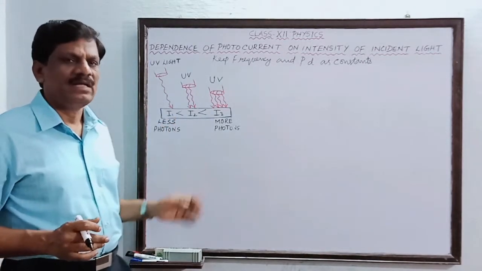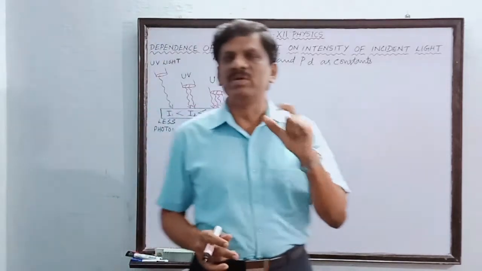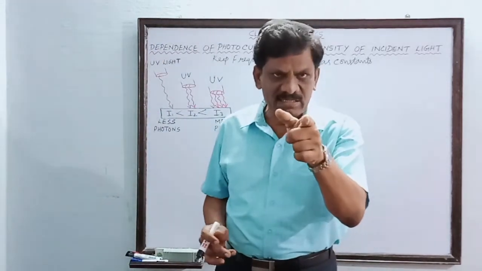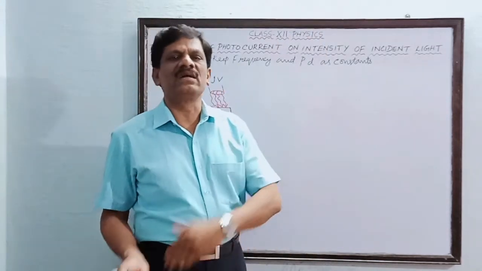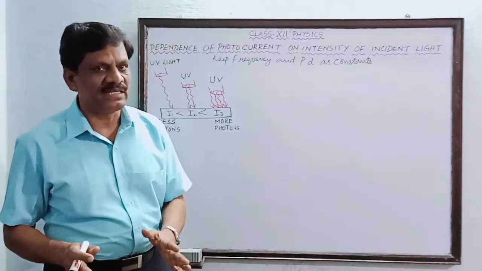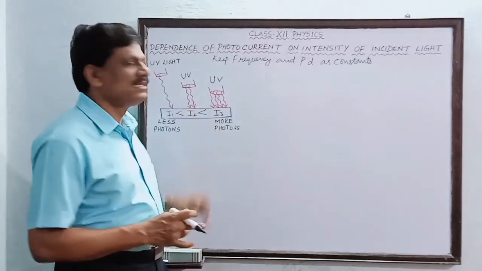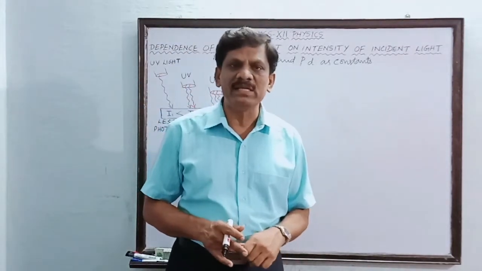I1 means the number of photons incident per unit area per unit time will be lesser. So proportionately the number of electrons liberated by the metal surface also will be lesser. So when the intensity is lesser, the photoelectric current is also found to be lesser.